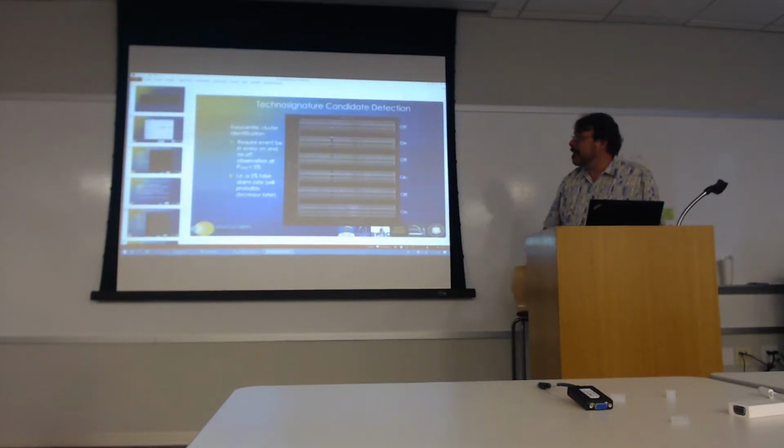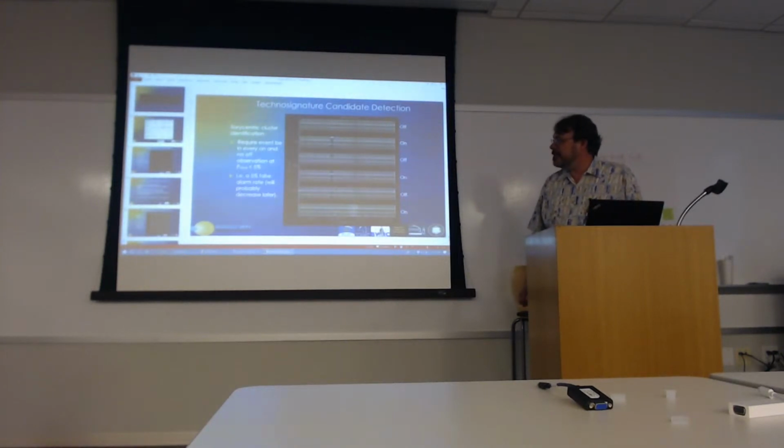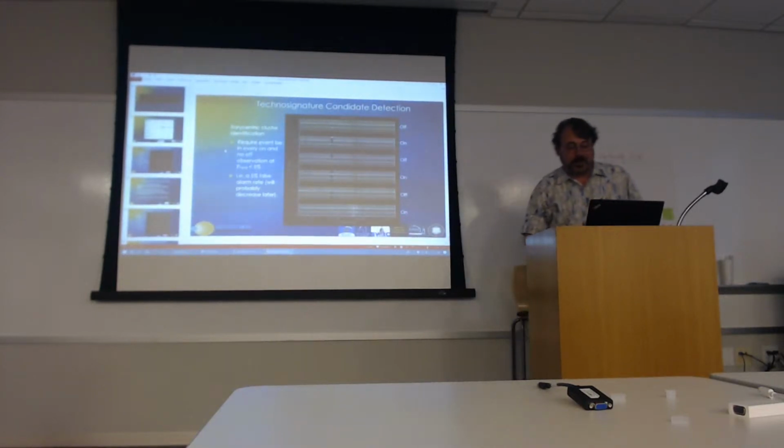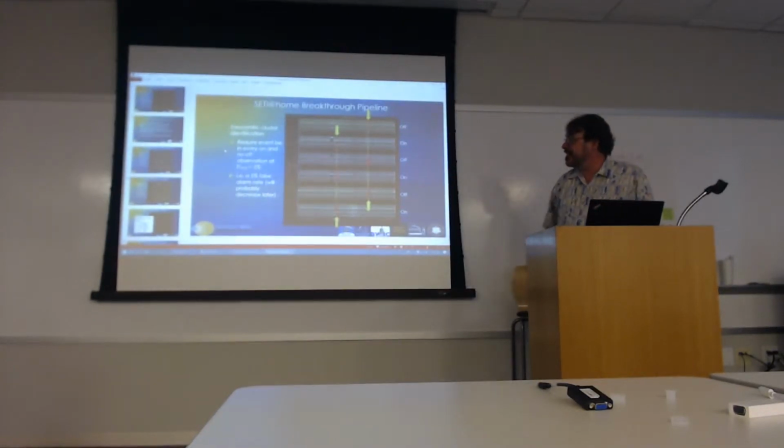And this is that same plot with the obvious RFI removed, just the stuff that was in both on and off. We go through this, and there is a signal in there. Almost see the purple there, but it's a signal that we added. And it's actually there.